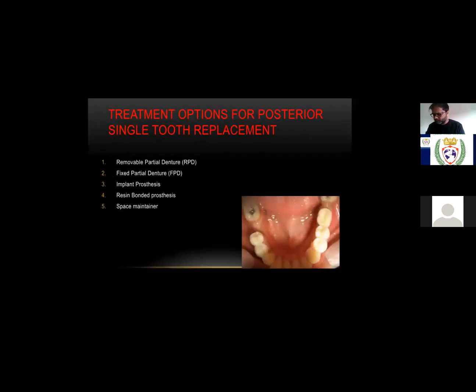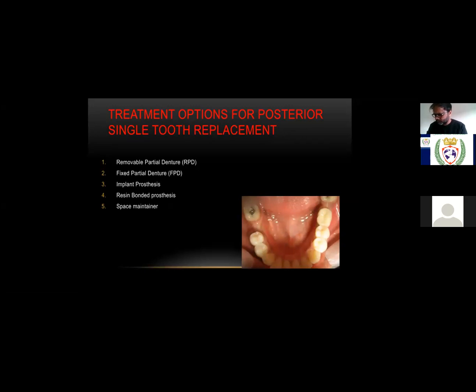So consider this case, a single missing tooth in the posterior region. So what are the treatment options we have? We have around 5 different treatment options. I think all of you can name a few if you have in your mind. So we have removable partial denture, a very, very simple traditional treatment, a flipper we can put.